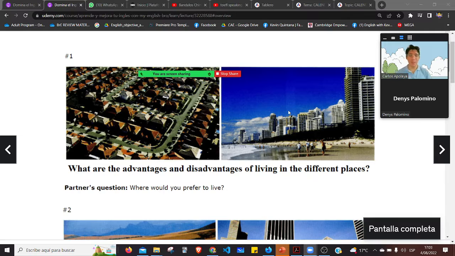Okay, cool. For example, look at the second picture. In the second picture on the right, I can see people living or maybe walking near the shore, right? Maybe they have beach houses. From your point of view, what disadvantages can you see if you live in a house near the beach?